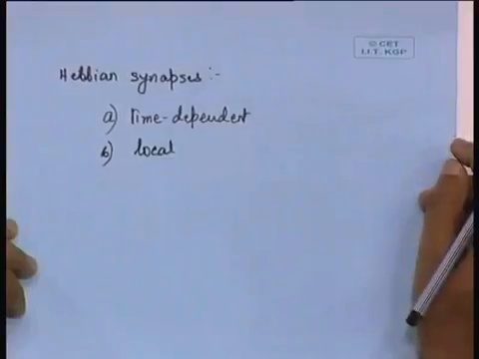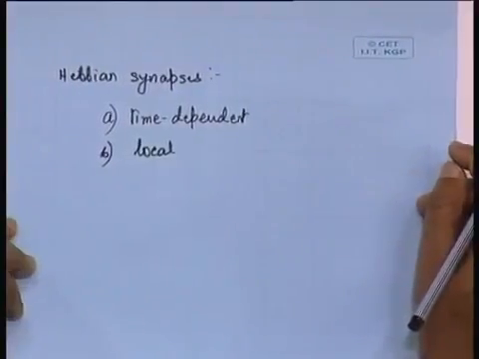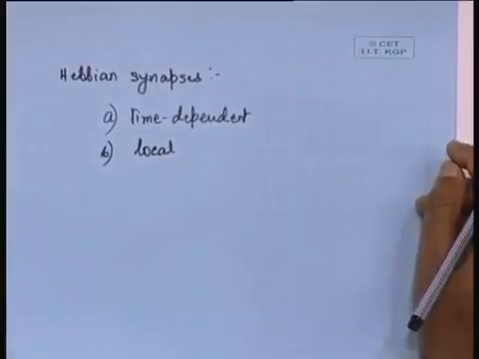The second thing is that it is highly local in nature. That means the synaptic weight adjustment is very much dependent upon the postsynaptic and the presynaptic neuron only. So, it is absolutely local. It is not dependent upon the other neurons, so it is definitely following a kind of spatiotemporal contiguity.